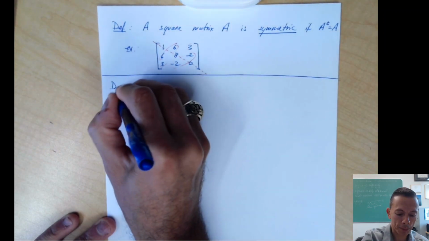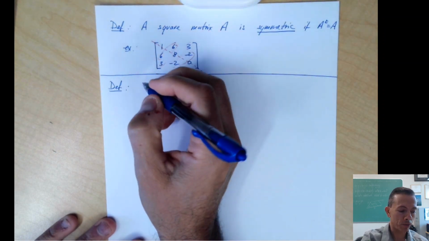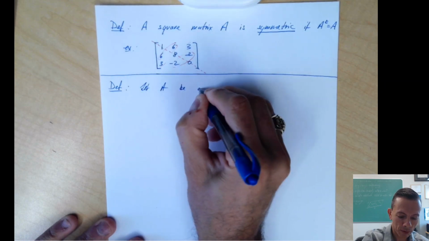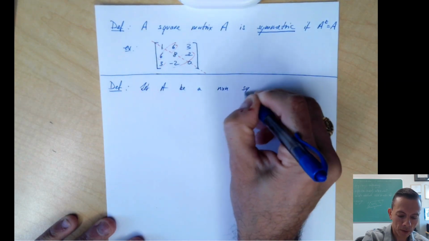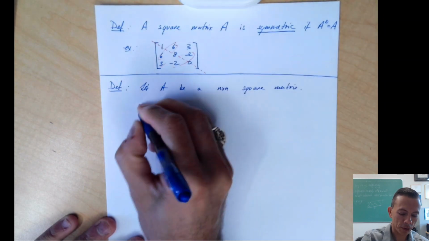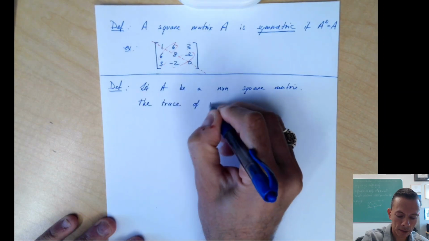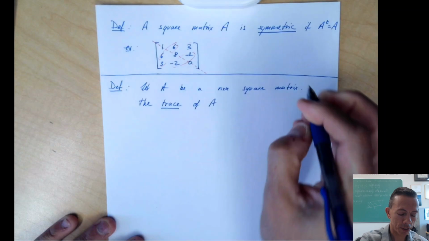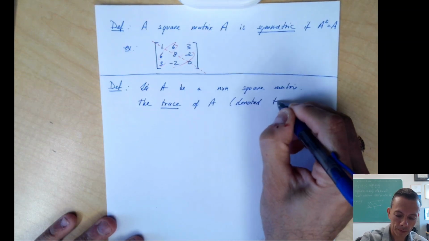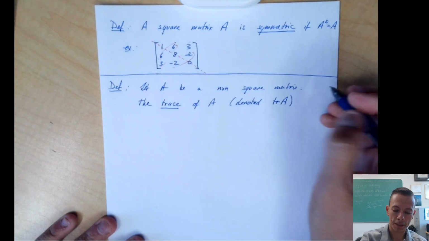Okay, before we look at some applications, let's look at another definition for a square matrix. So the trace of A, which is denoted TRA, is the sum of the elements in the main diagonal.